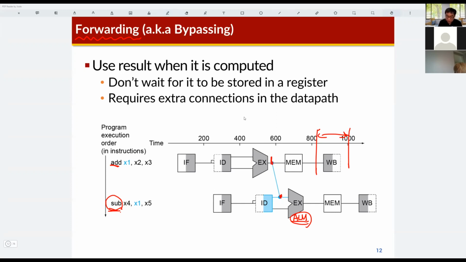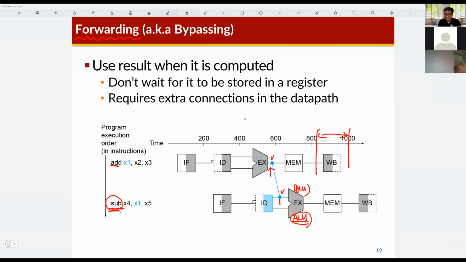So actually, this generated data can be used by the ALU of the sub instruction at this timing. Do you understand? So the result of the add instruction is generated at this timing, and then the result can be used by this sub instruction, actually by the ALU at this timing. Right.